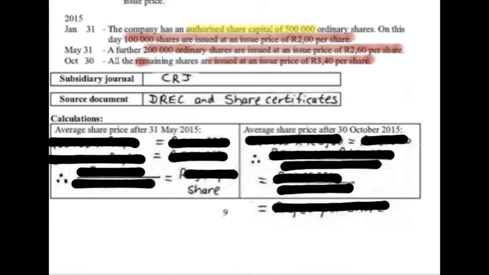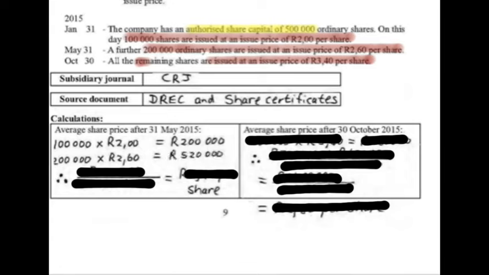A further 200,000 shares were issued at R2.60. So that leaves us with 100,000 at R2, 200,000. 200,000 at R2.60 leaves us with 520,000. So in total, our share capital amount is then 720. How many shares do we have issued?